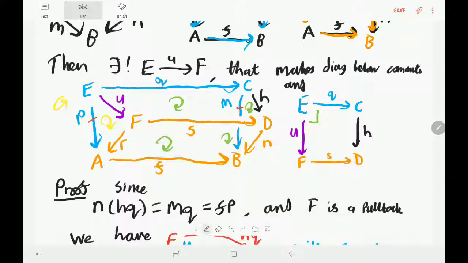So basically it's by application of the last result that we're able to prove this.